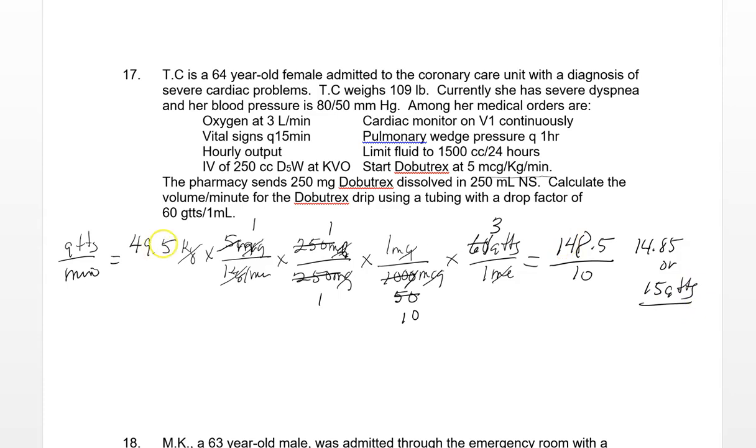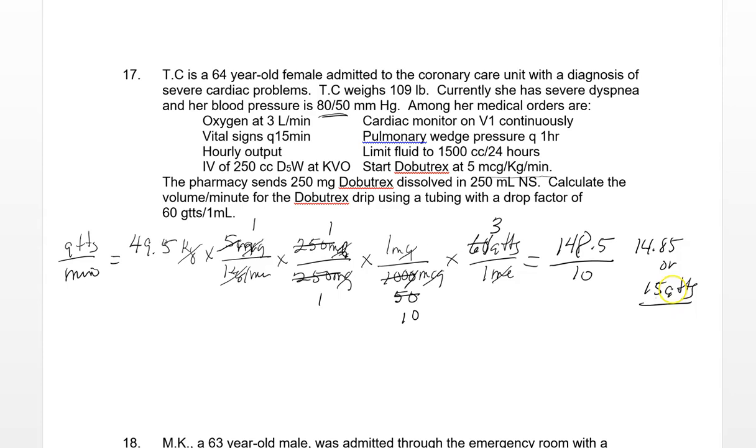So now if I had rounded this up to 50 kilos, it would make her getting more of this cardiac drug, which is used to increase this blood pressure, because that's a very low blood pressure.